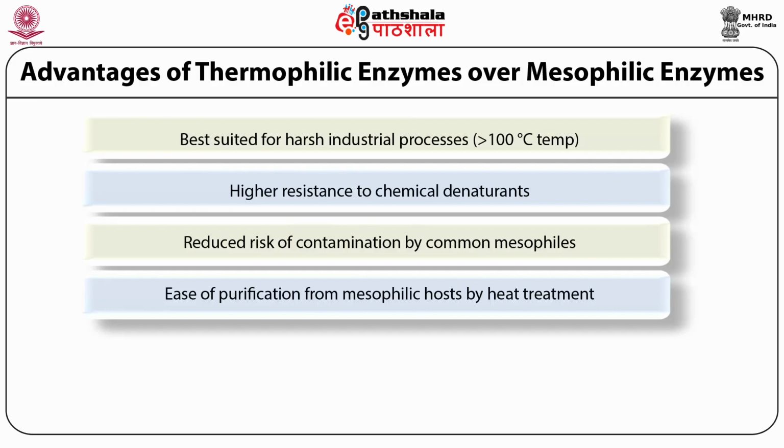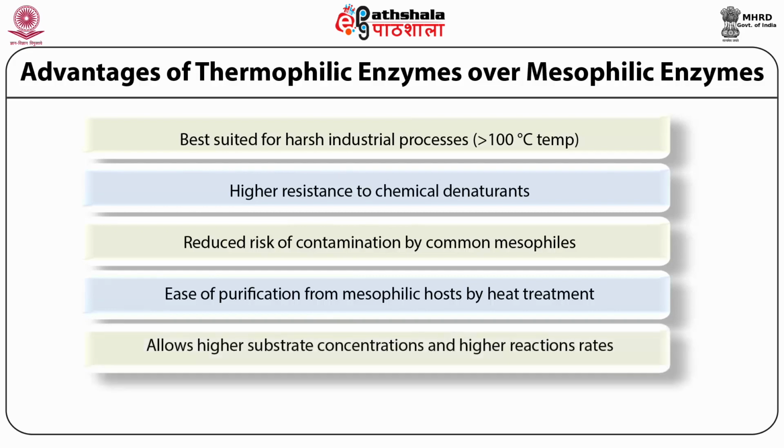Now, thermophilic enzymes allow higher substrate concentrations because we can work at higher temperatures. The substrate can be dissolved to a greater concentration at those temperatures, and therefore higher reaction rates are also achieved. So higher temperature leads to a higher concentration of the substrate, and together can lead to higher reaction rates as well.